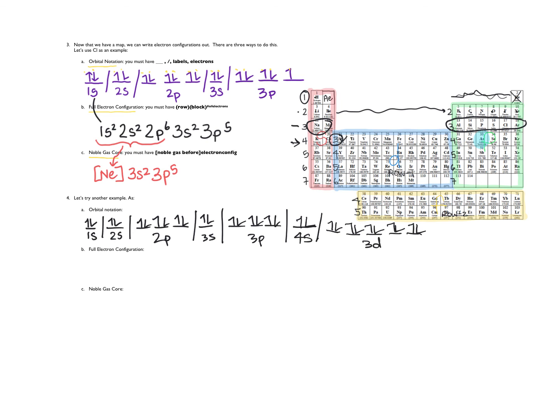Now we're at 4p. And to get to arsenic, we only need 3 electrons. So 1, 2, 3, because p's always get 3 lines. 4p, and then we're going to draw our 3 electrons. 1, 2, 3. Writing the full electron configuration after you've done the orbital notation is pretty easy.